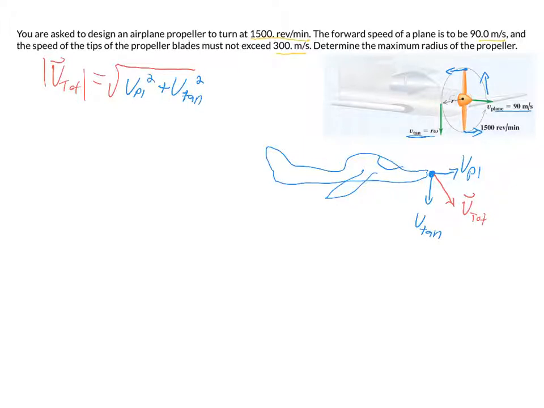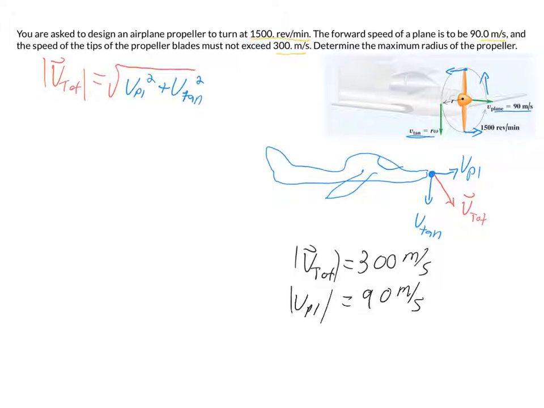We know that the magnitude of the total velocity cannot exceed 300 meters per second. We also know that the velocity of the plane in the forward direction is going to be 90 meters per second. And the tangential velocity, we do not know, but as we've learned, tangential velocity is equal to omega multiplied by r.